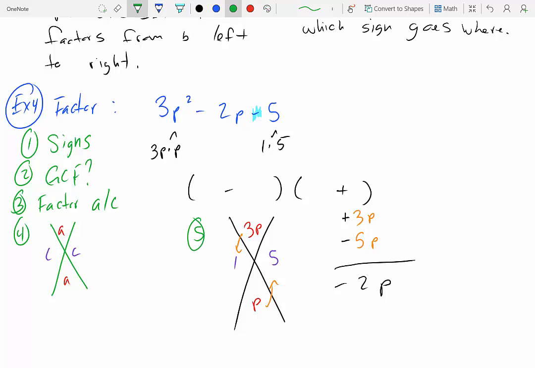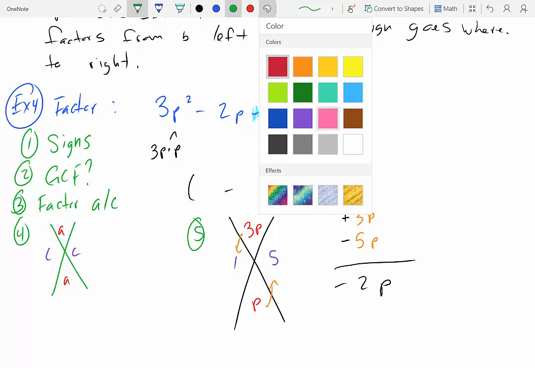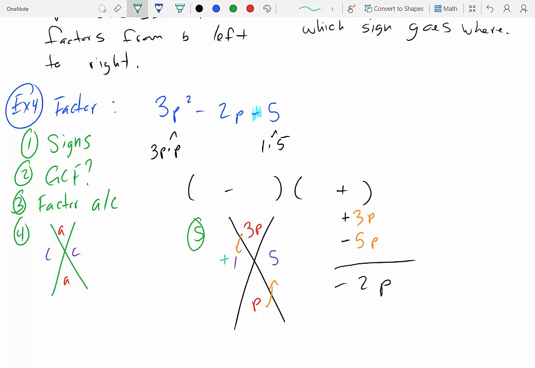And our last step is to determine which signs go to what factors and which factors we are working with. So what that means is, how did we get the positive 3p? What did we multiply? Well, we multiplied 3p and 1. So the 1 must be positive. And how did we get negative 5p? Well, we multiplied p times 5.